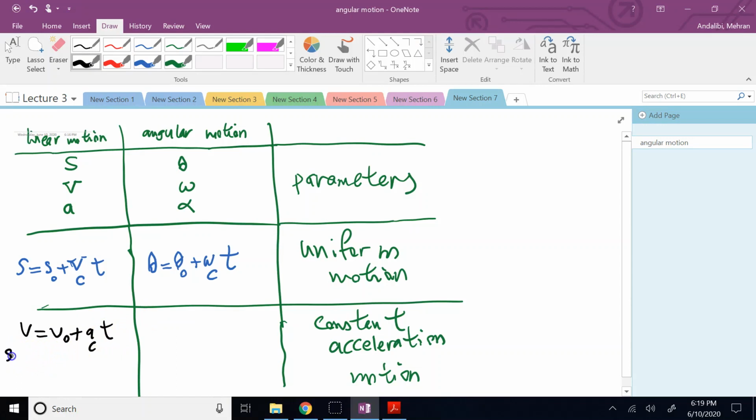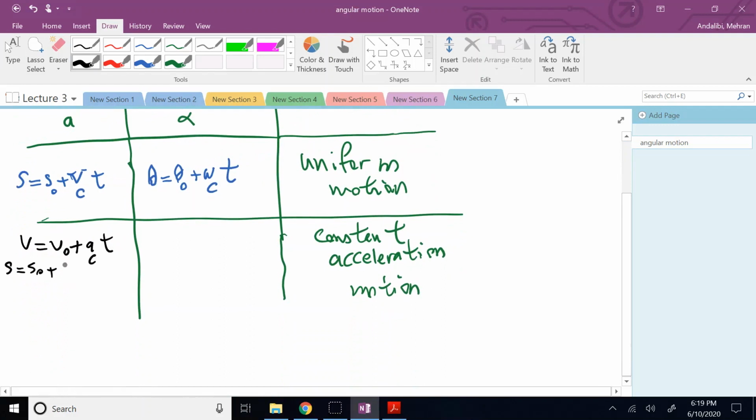Then I had S was equal to S naught plus V naught times t plus 1/2 acceleration times t squared. And then I had V squared at any point is V naught squared at any point plus 2 a_c times delta S, right?